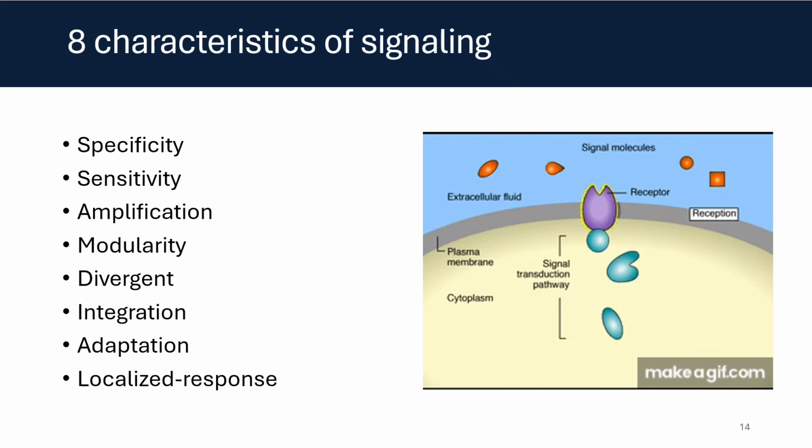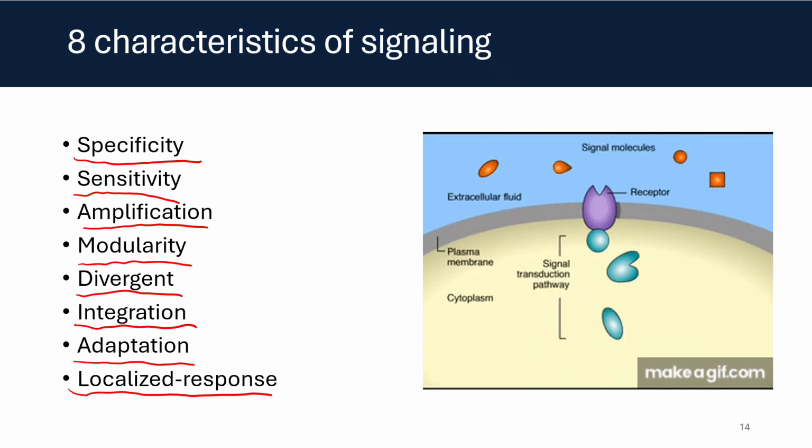I chose the TNF axis as our introduction to signaling biochemistry because it features numerous hallmarks and properties of cell signaling at large. And the 8 characteristics of signaling that you should be aware of are specificity, sensitivity, amplification, modularity, divergent, integration, adaptation, and localized responses.